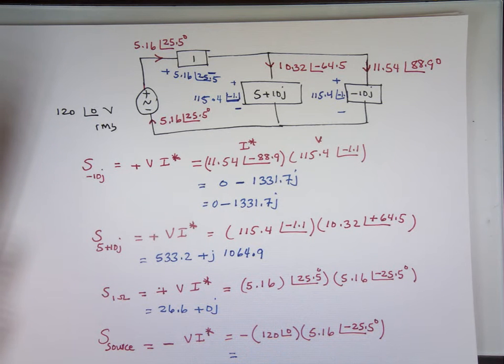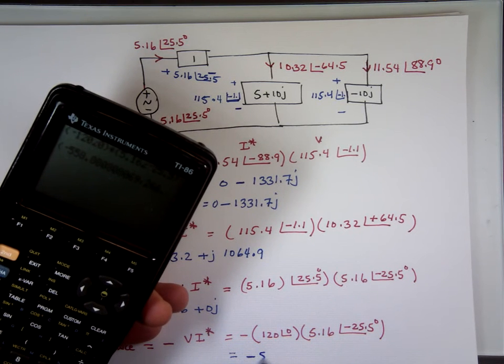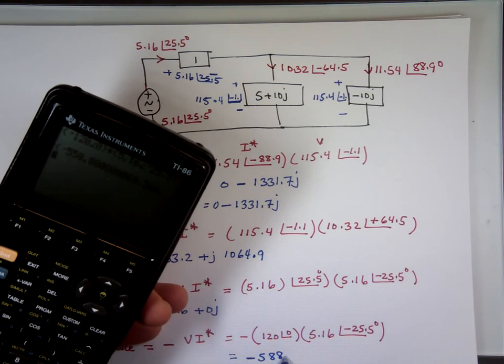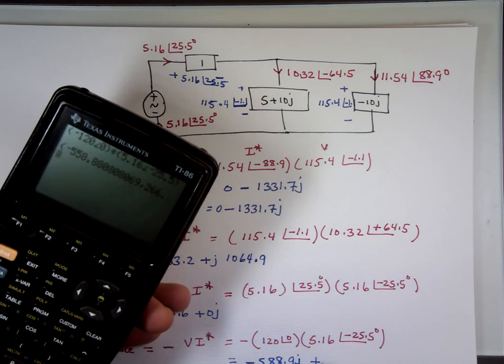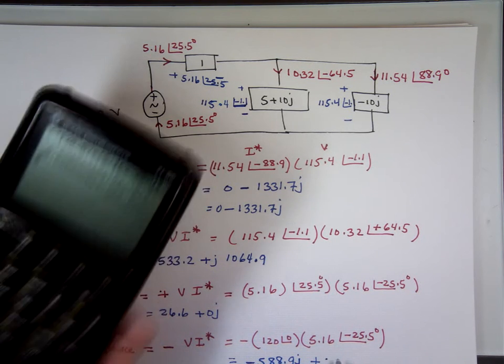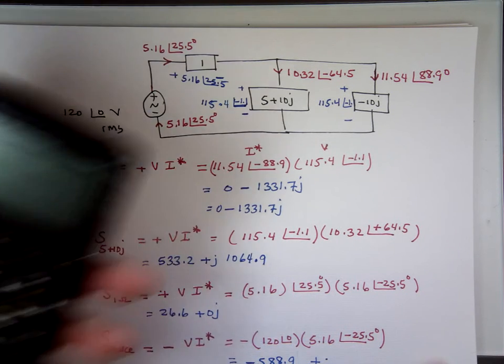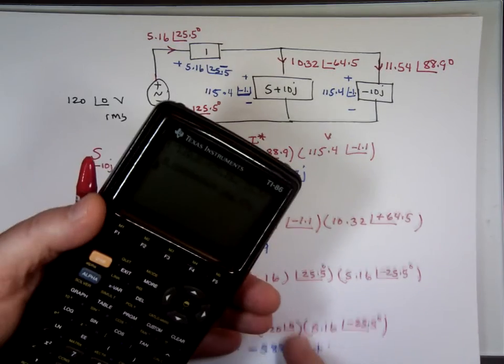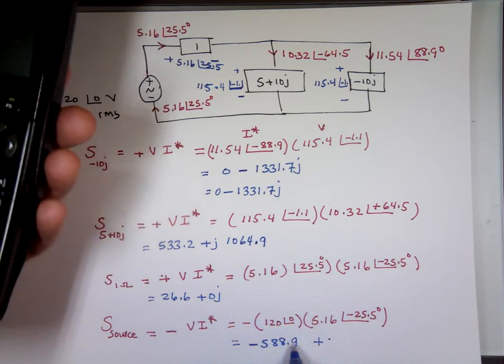And I came up with negative 588.9 joules, positive. Did you say joules? Plus the j, complex power. The units for the real portion is watts, and that's VAR.